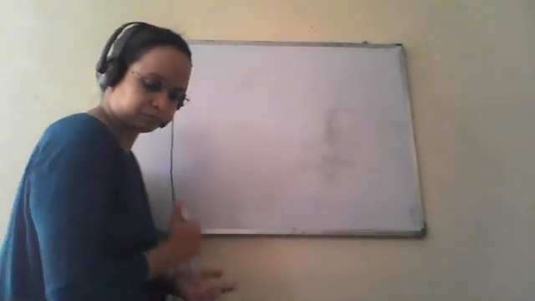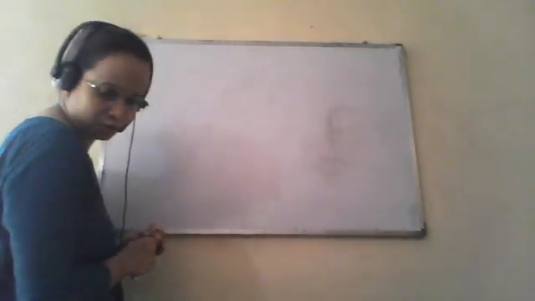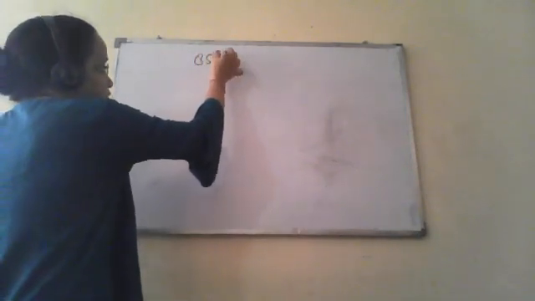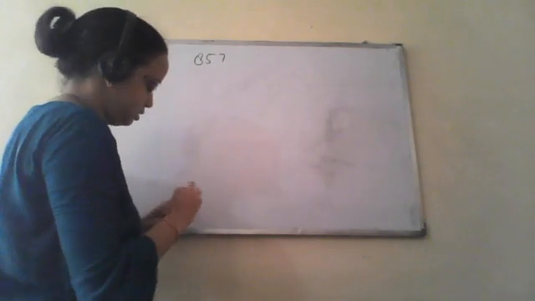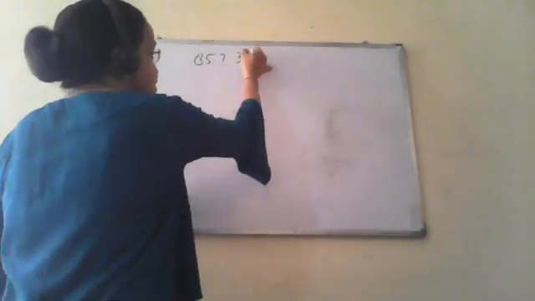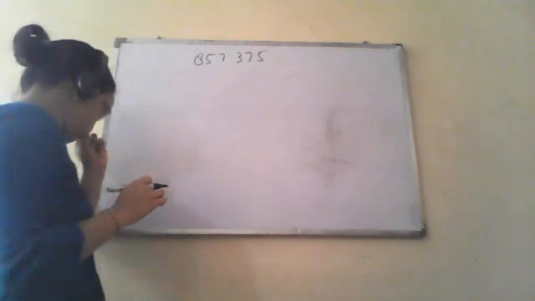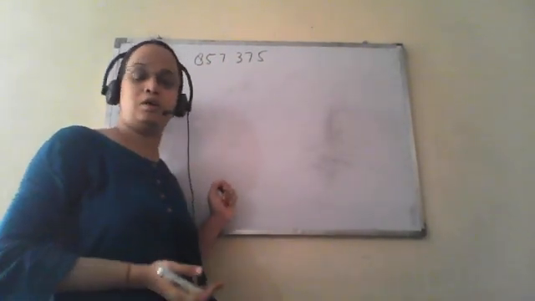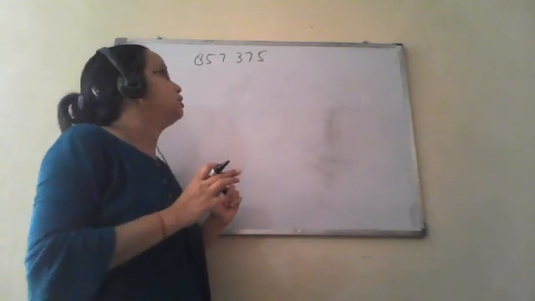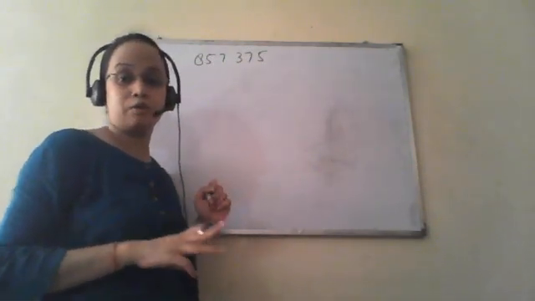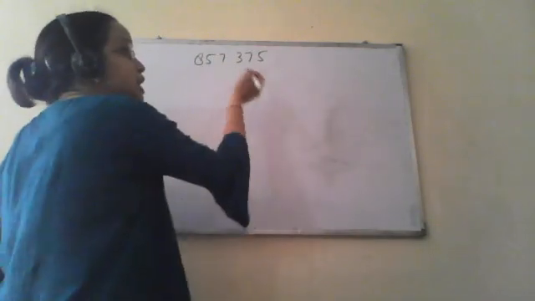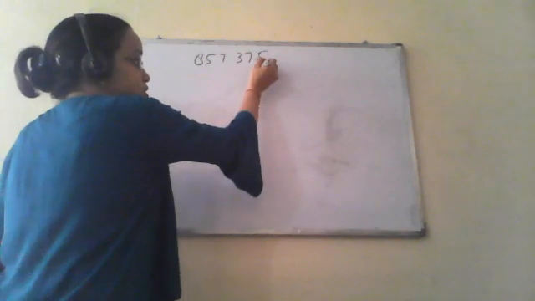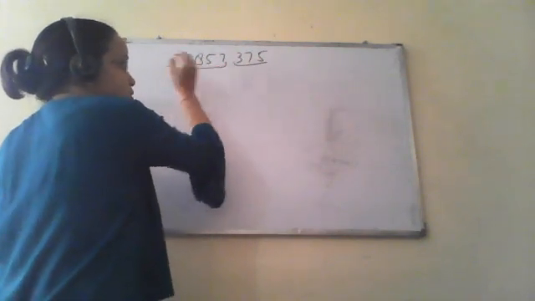Suppose there is a number 857375. What do we do in the case of square root? We start putting the bar while doing the division method, taking the numbers in groups of 2. In this cube root, we will take the numbers in groups of 3, starting from the extreme right, or from the units place. So this is a group of 3 and this is a group of 3.